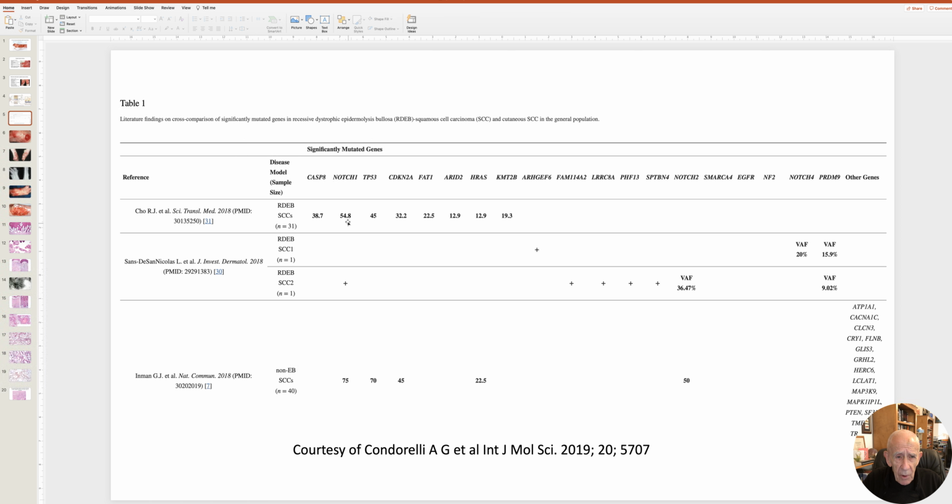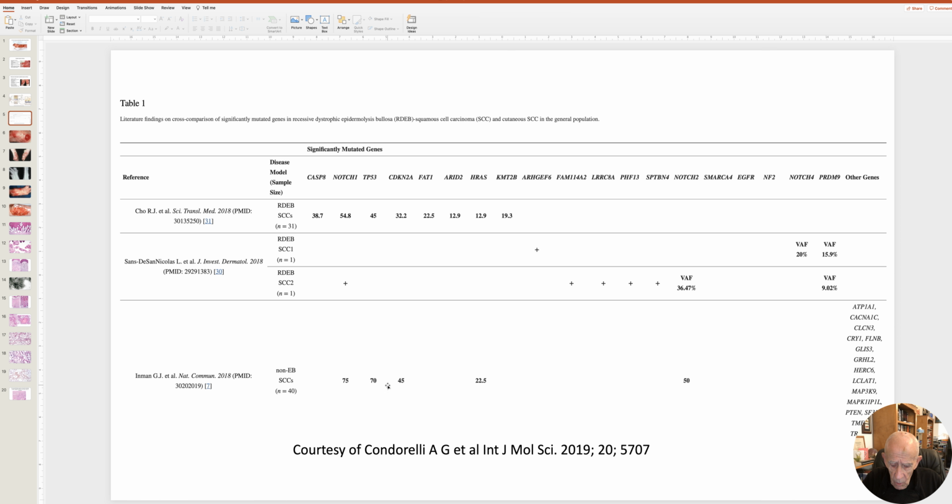Particularly, for example, you can see that Notch1, TP53, and CDKN2A match up quite nicely between dystrophic EB and skin cancer.